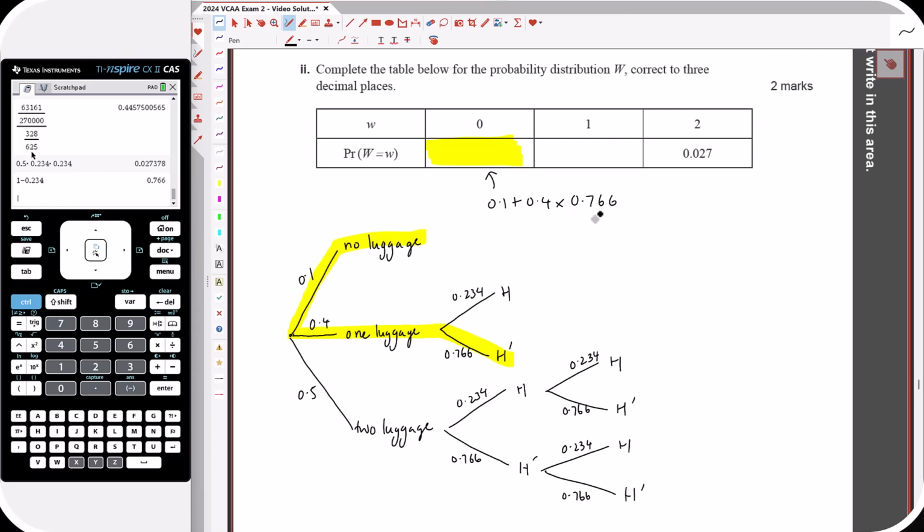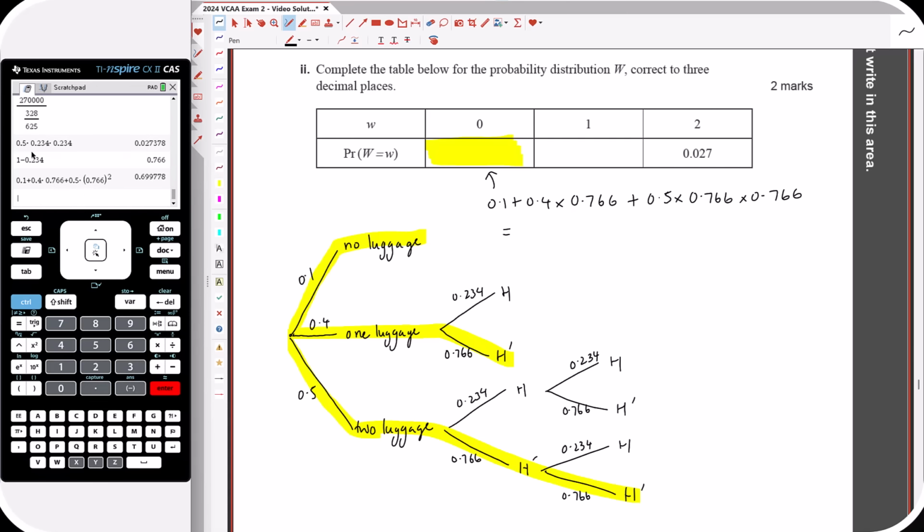Or actually, sorry, they could also check in two bags and neither of them could be heavy. So two bags, not heavy, not heavy: 0.5 times 0.766 times 0.766. So we have 0.1 plus 0.4 times 0.766 plus 0.5 times 0.766 squared.